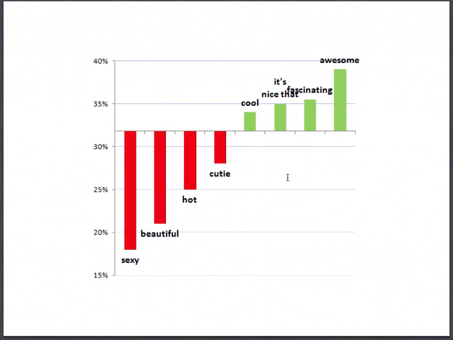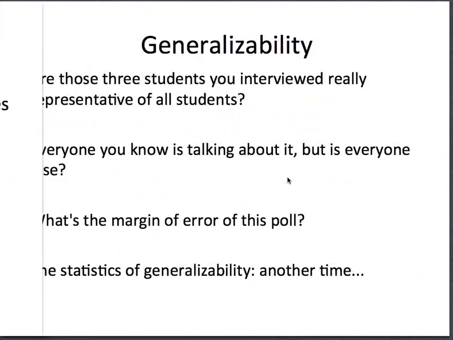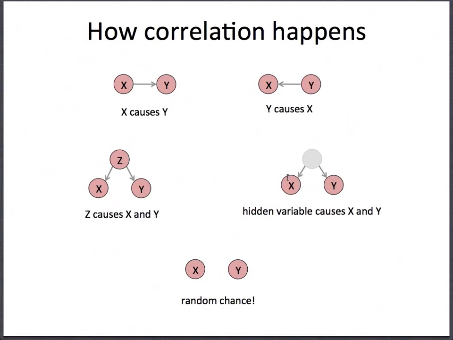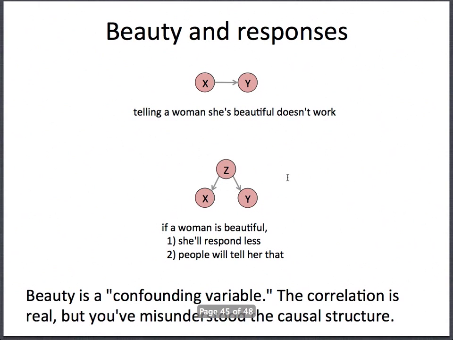So I've got 2 variables, response rate and whether or not I use the word beautiful. And I know there's a pattern. Why? And there's really only a few possible cases. These are all of them. What you think is telling a woman she's beautiful doesn't work, but what's actually happening is because she's beautiful, that causes both a lower response and someone to use the word beautiful.